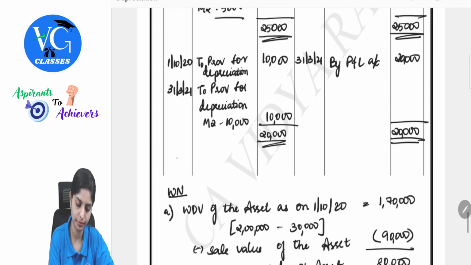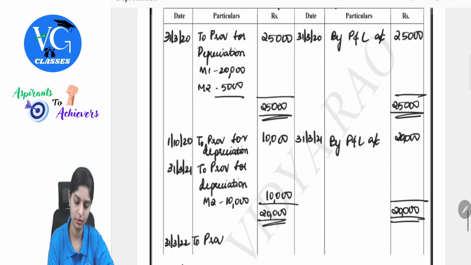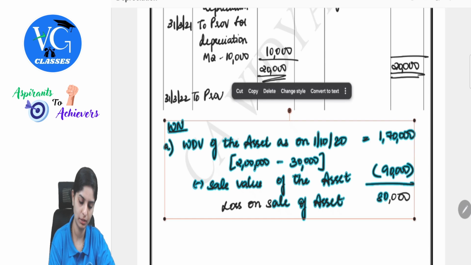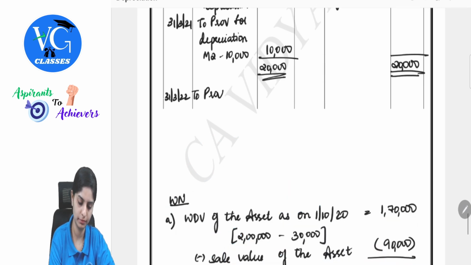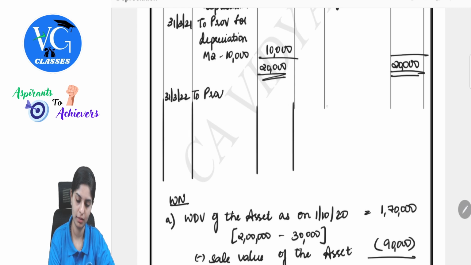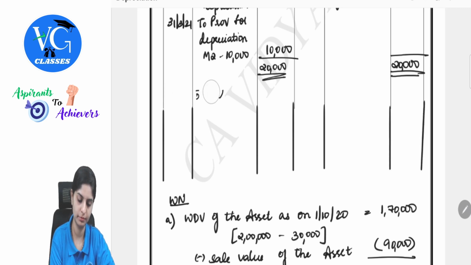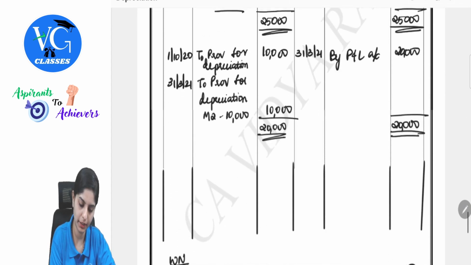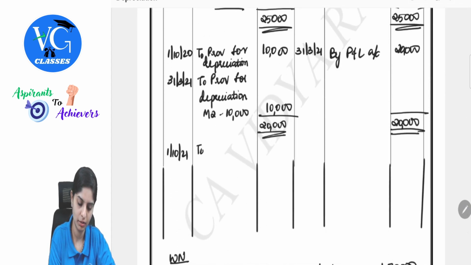Depreciation account to provision, on 1st October 21 to provision for depreciation.